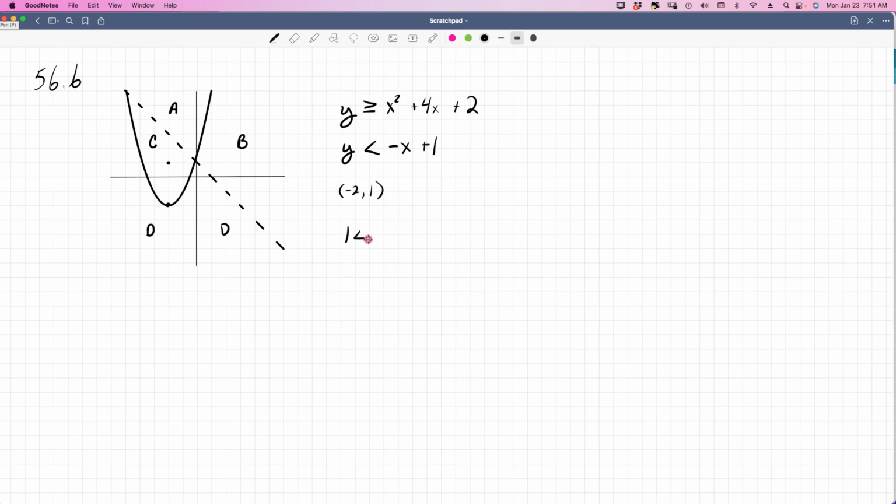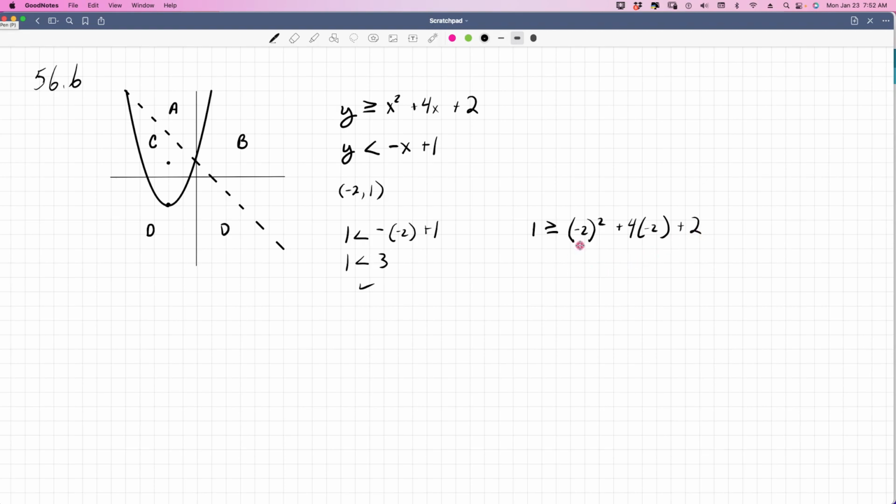So here is the value of the line. We have 1 is less than negative 2 plus 1. 1 is less than 3, or positive 2 plus 1, which would be 3. So that is true for area C. And for the parabola, let's check it. 1 is greater than or equal to negative 2 squared plus 4 times negative 2 plus 2.